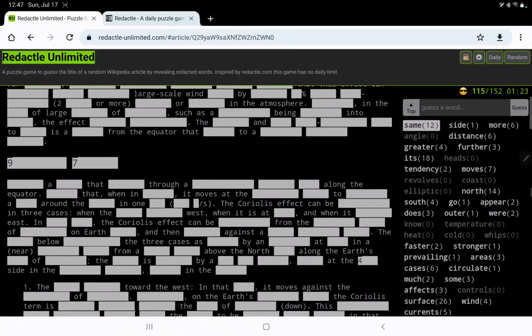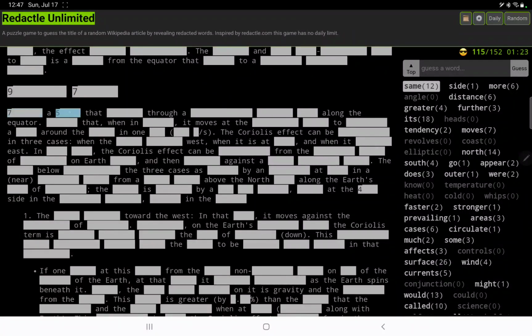So here we have a subheading 9-7. Seven of 5, that's 7 through a 12-7-4 along the equator.